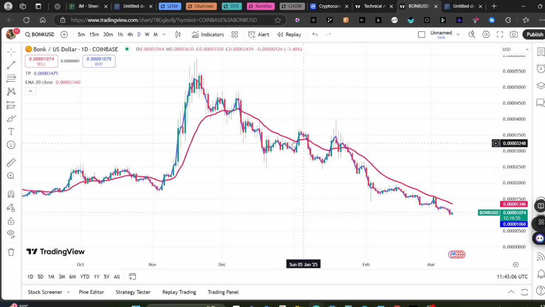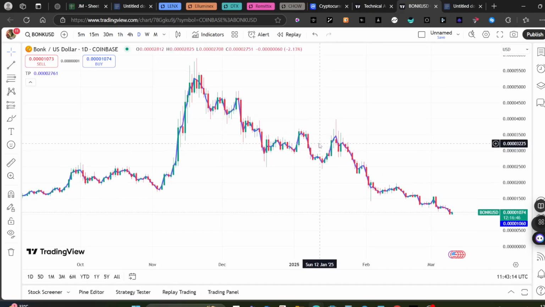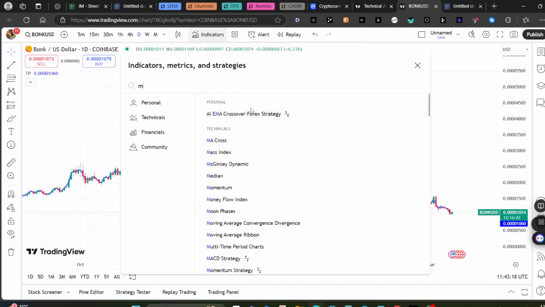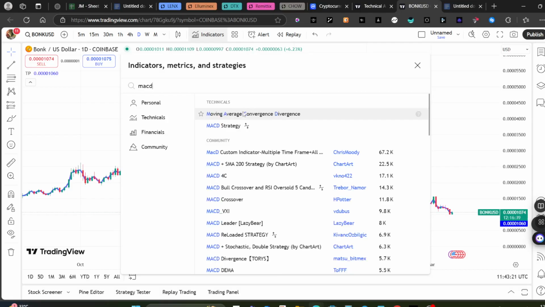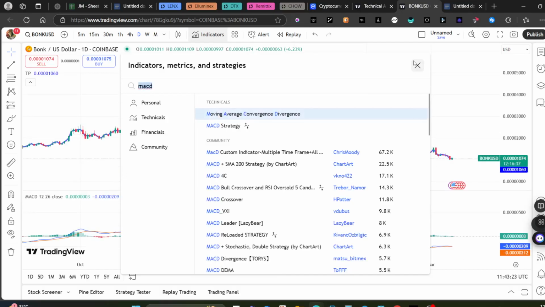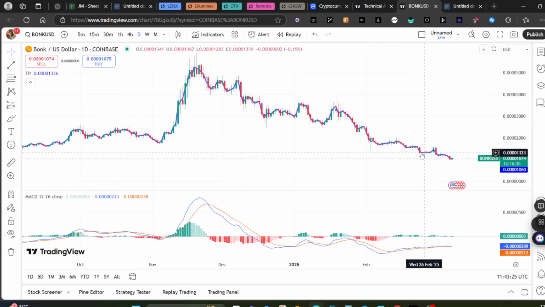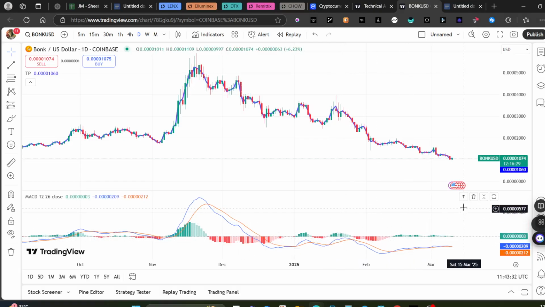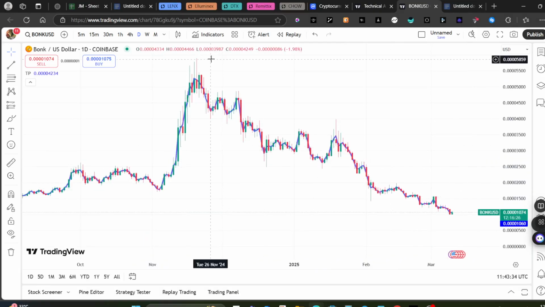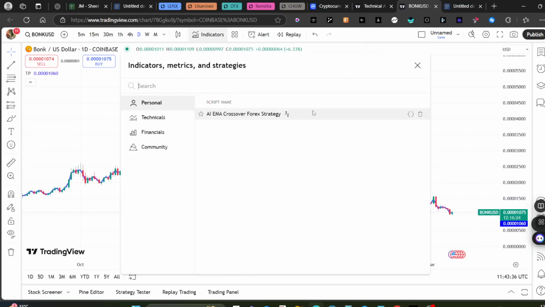You can combine it with moving averages, which helps to confirm trends and smooth out price action further. You can also combine it with the MACD, the moving average convergence divergence, which helps to confirm momentum shifts and trend reversals. You can also combine it with the Bollinger Bands.